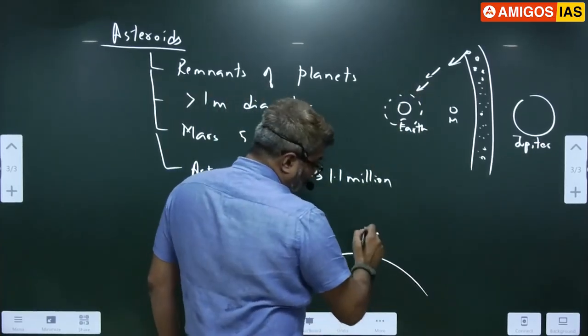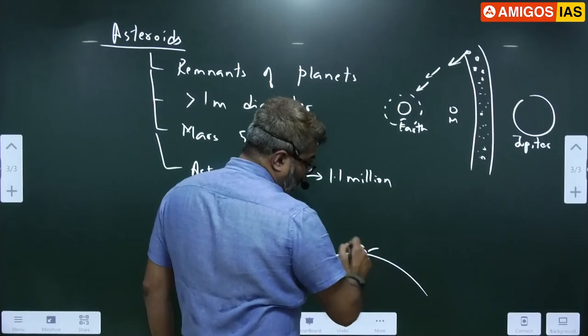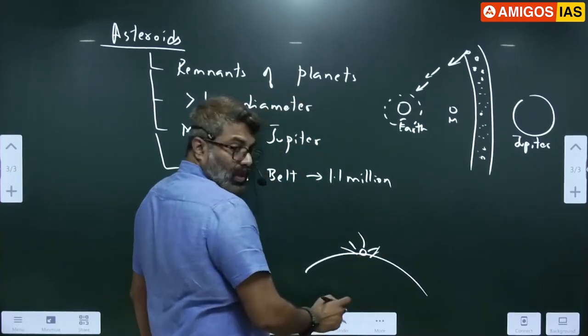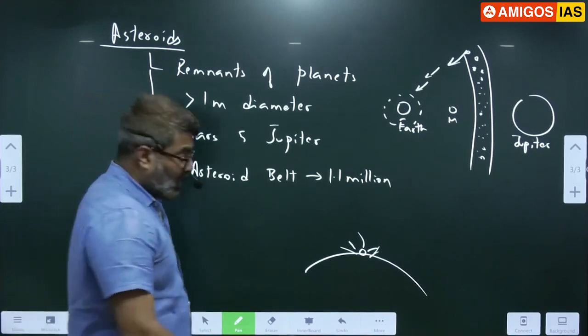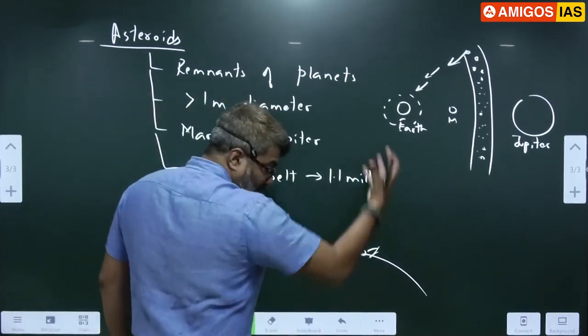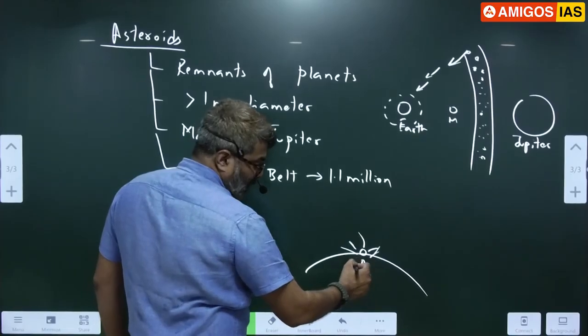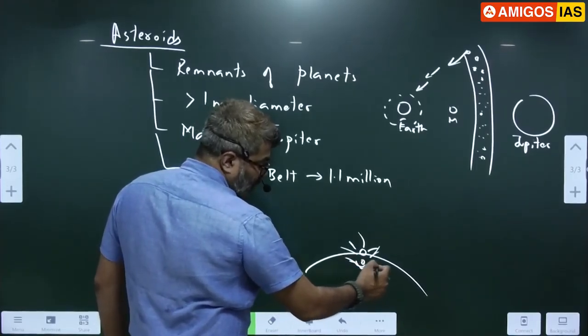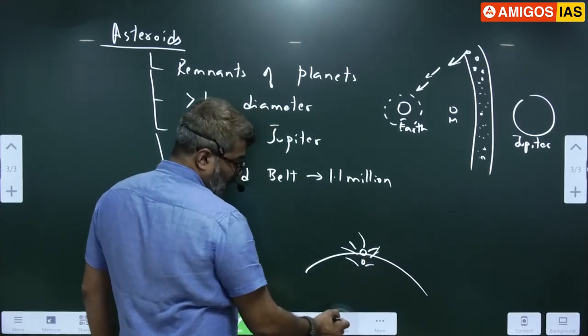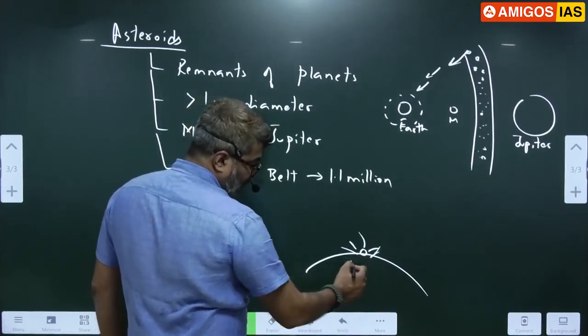If this is the Earth, the asteroid comes and falls on Earth like this. When the asteroid falls, there will be a huge mega earthquake on the Earth, and the asteroid rock will get embedded into the ground. The piece of rock gets embedded into the ground like this. A crater is formed. One second, I'll show you. A huge crater, you can notice.